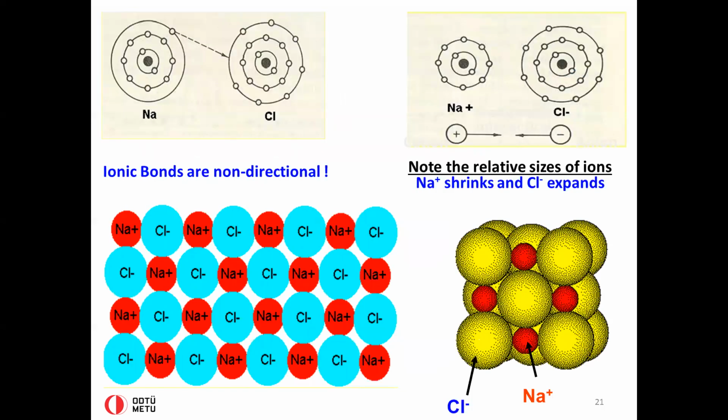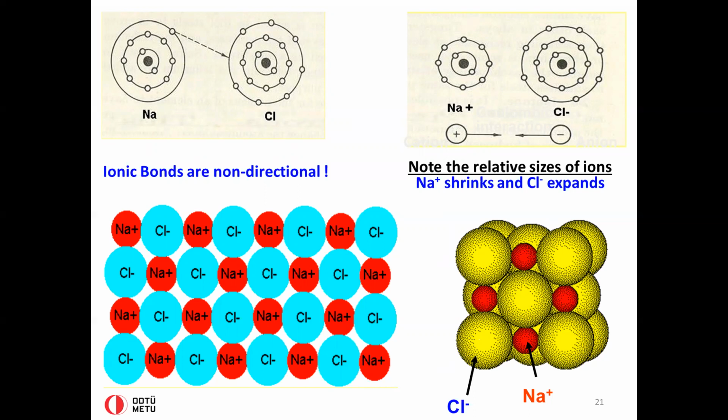So this demonstrates the same process. On the left bottom side, you have larger chloride ions and smaller red colored sodium ions. And you see that they come together according to a certain pattern in two dimensions. It is shown like on the left.